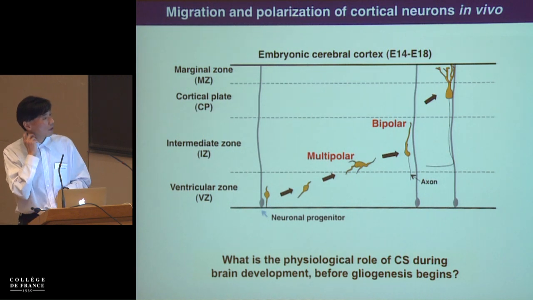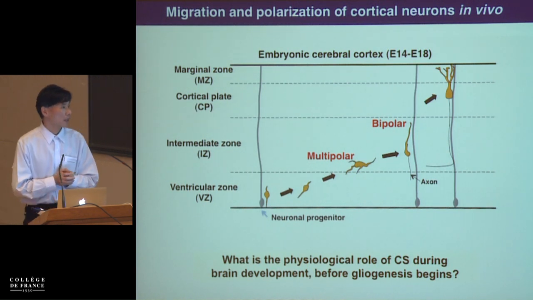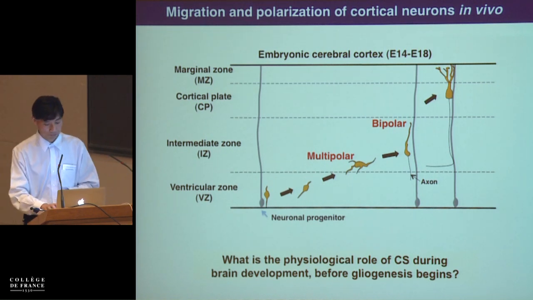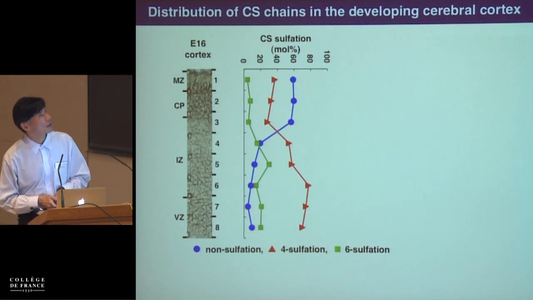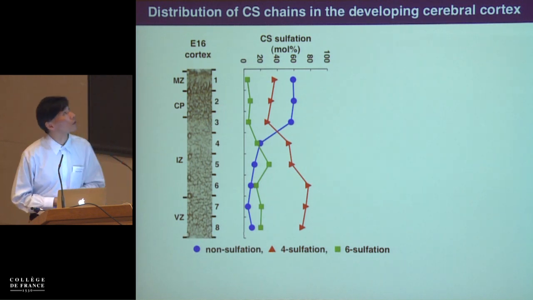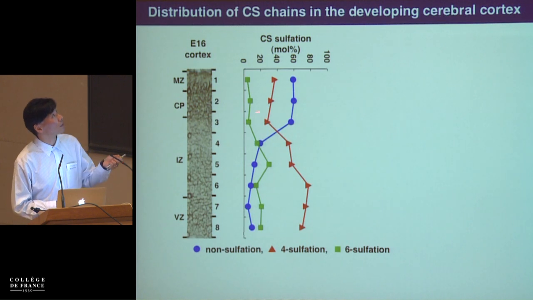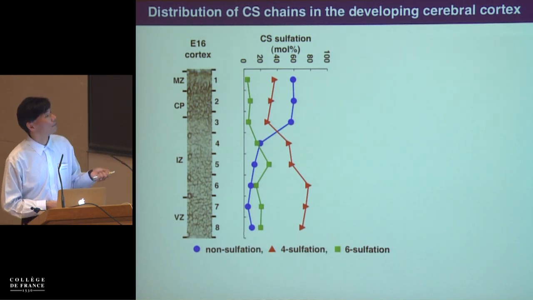However, what is the physiological role of chondroitin sulfate during brain development before gliogenesis begins? We first examined the distribution of chondroitin sulfate chains in the developing cerebral cortex at embryonic day 16.